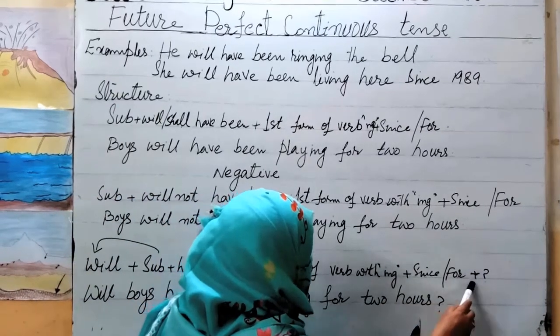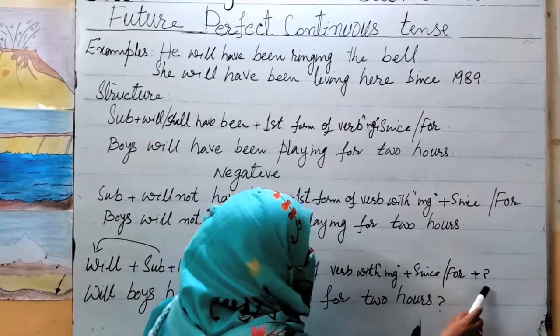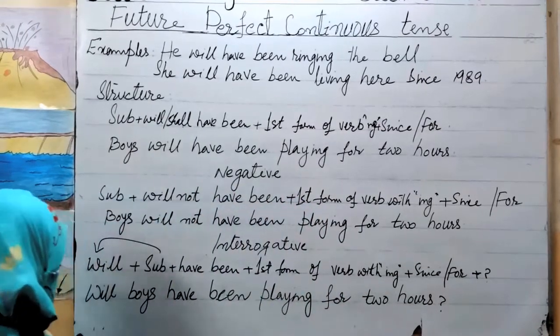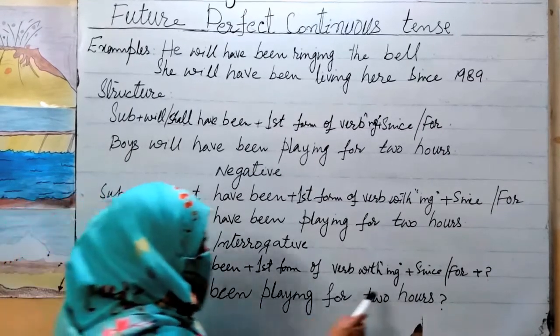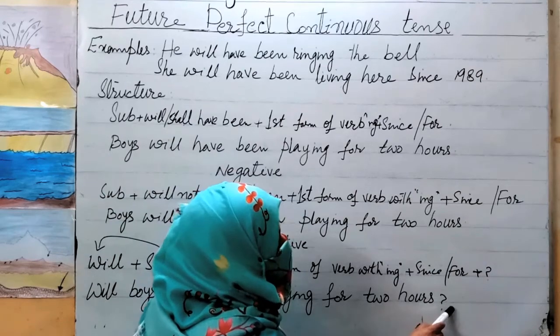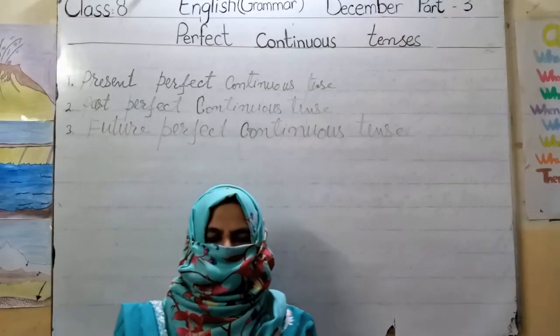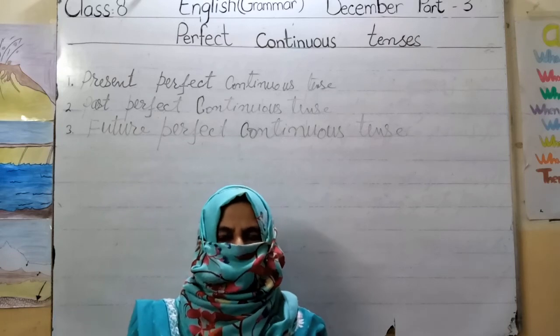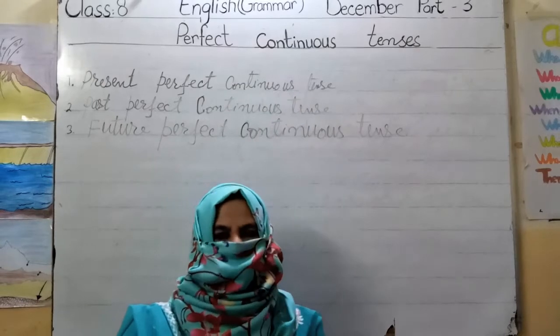And at the end of the sentence, you must put the sign of interrogation. Example, will boys have been playing for 2 hours? Sign of interrogation.